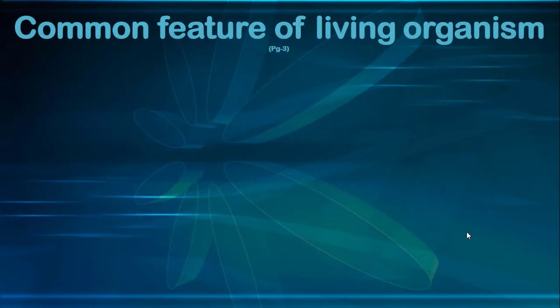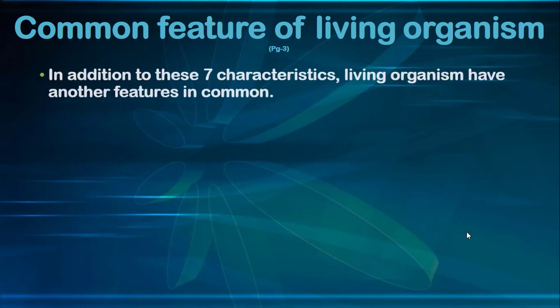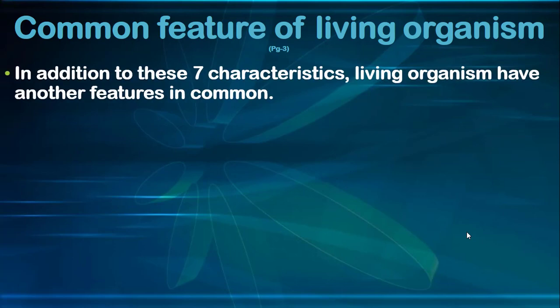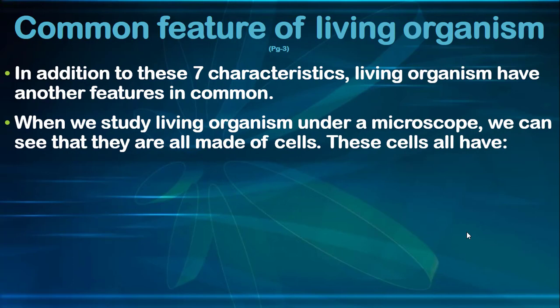Common features of living organisms. In addition to these 7 characteristics, living organisms have other features in common. Number 1, when we study living organisms under a microscope, we can see that they are all made of cells.